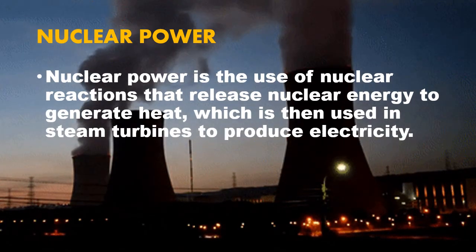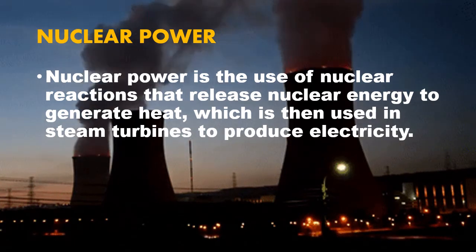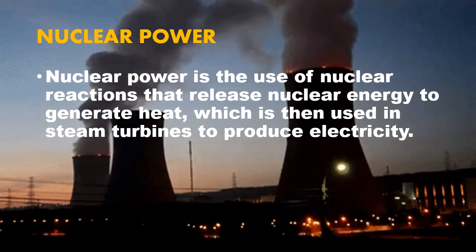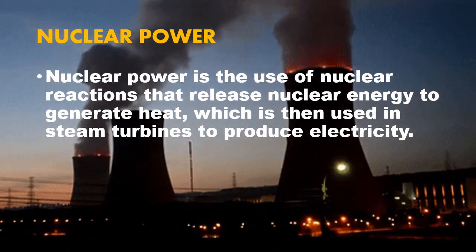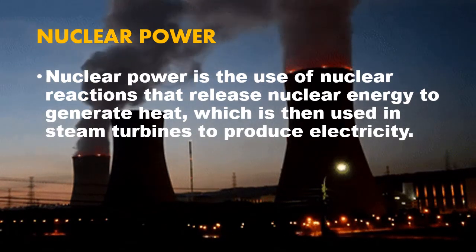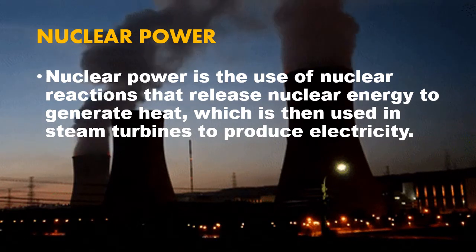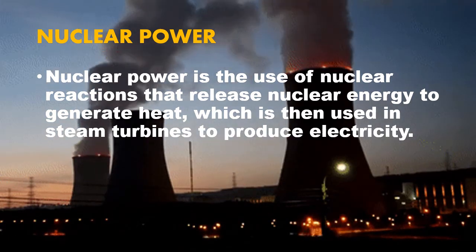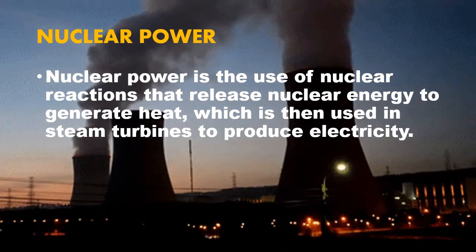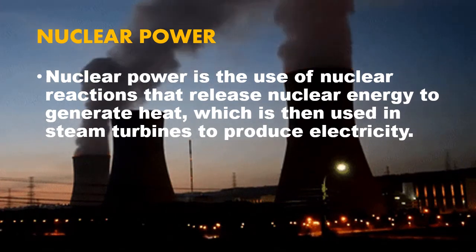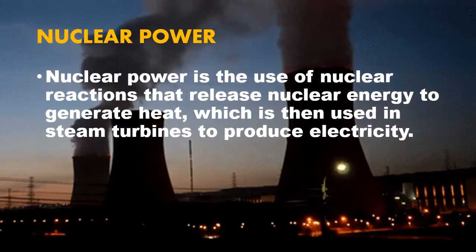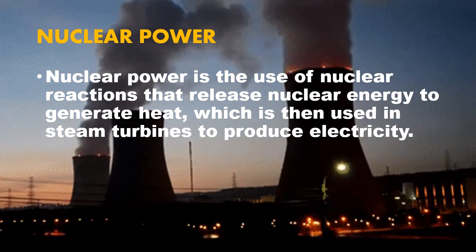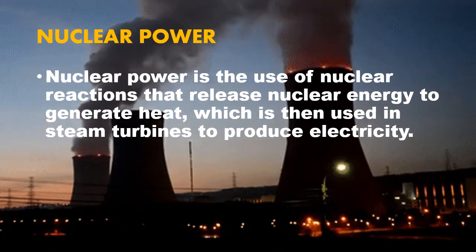In simple words, nuclear energy is energy that can be released from some elements like uranium, remember the name uranium, by nuclear reactions. It produces a massive amount of heat. This energy is made into electricity.